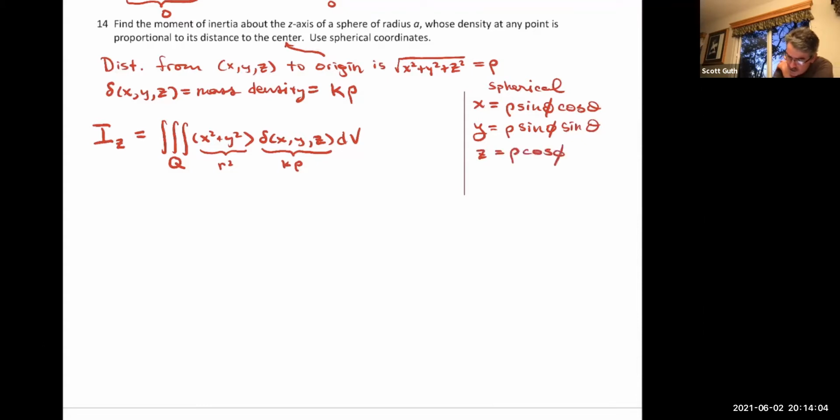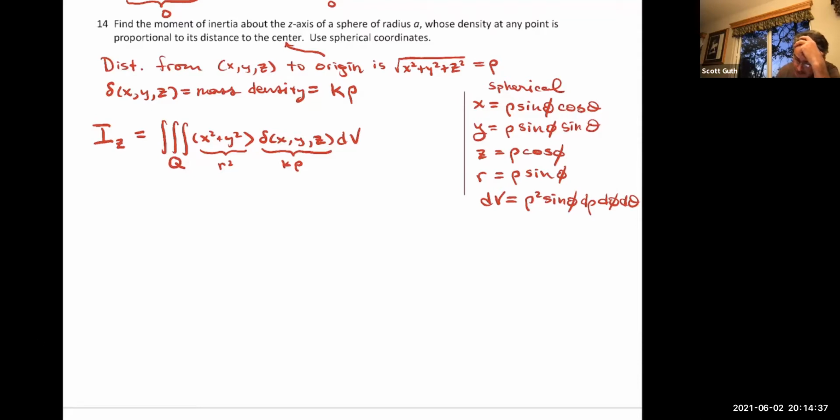Just in case you need it, r is rho sine phi. And dV is rho squared sine phi d rho d phi d theta. You should know this; I would hope you have this memorized.